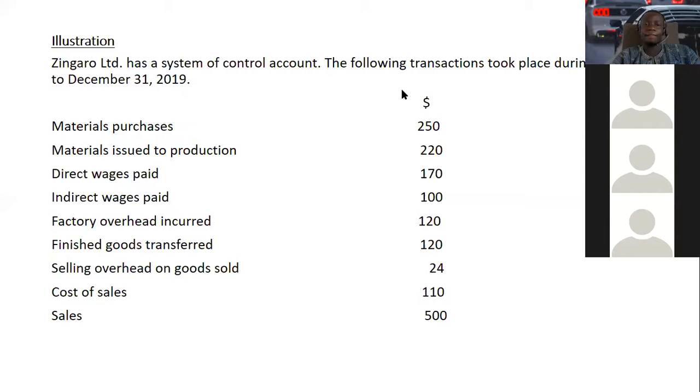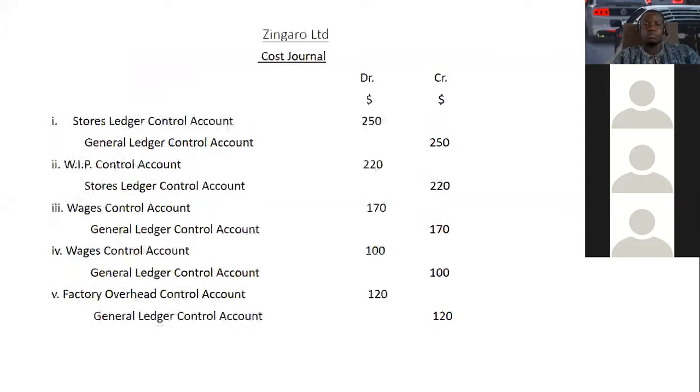So debit wages control account and credit cost ledger control account. All right. So let's check. So that is it.